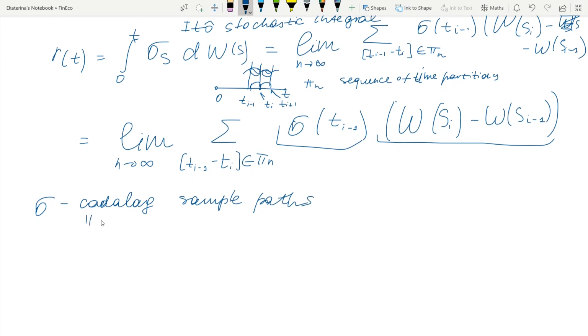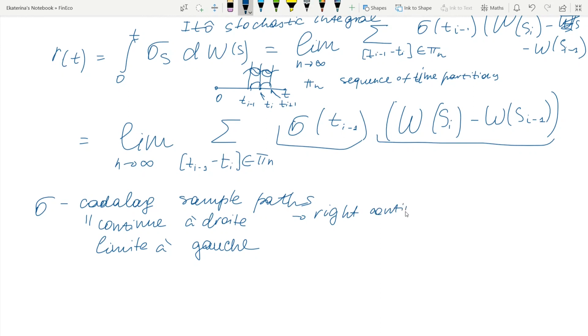What is càdlàg? So, continue à droite, limite à gauche. In human language, that means that it is right continuous with left limits. So you allow the volatility of the process to evolve continuously over time, such that it is continuous from the right and has the limit from the left, right?